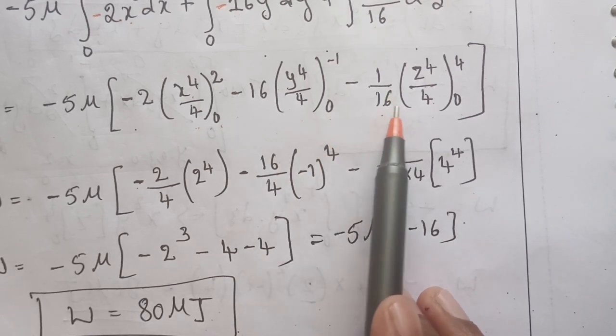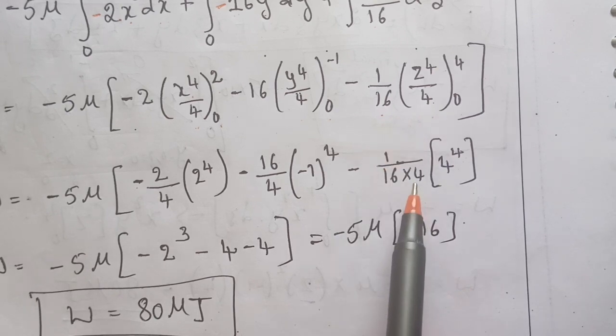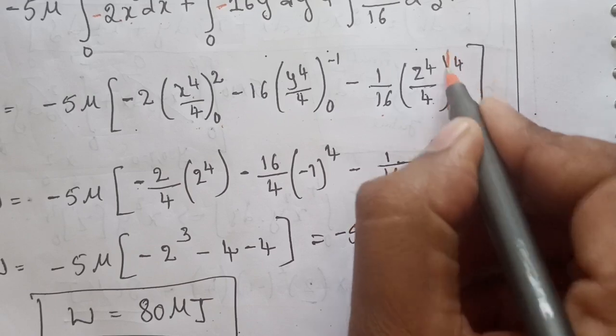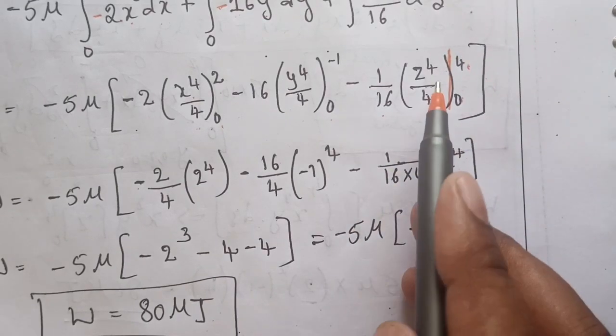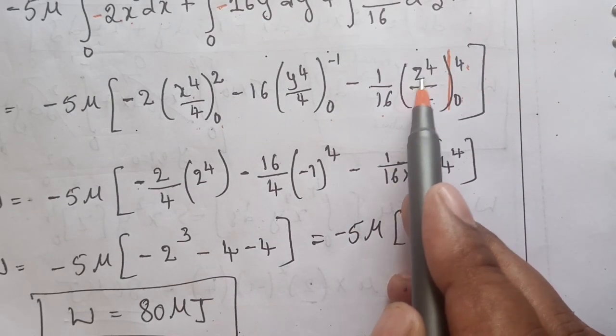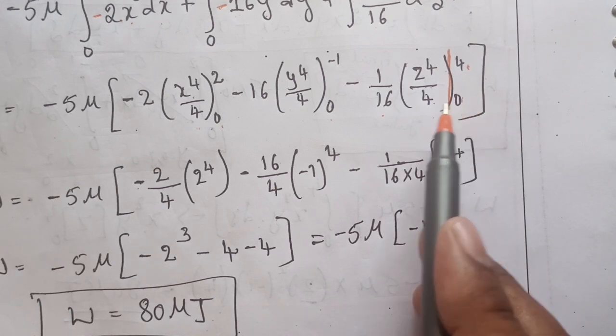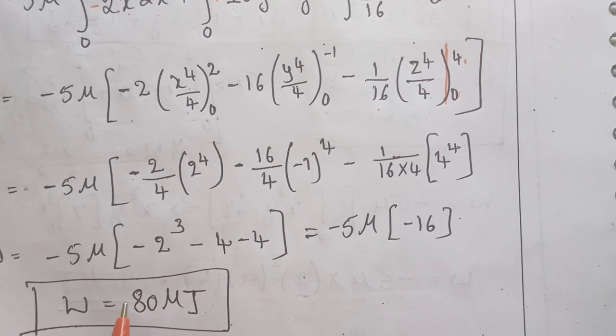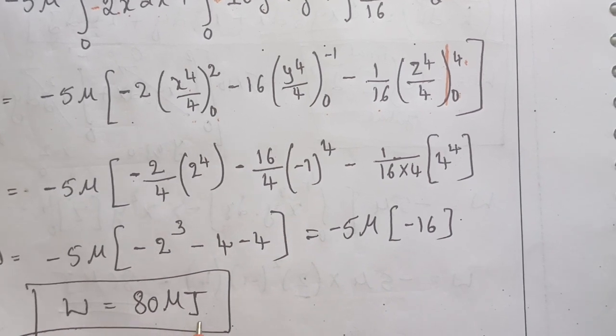Similarly, minus 16 by 4, if I take it outside, with the limits 0 to 4, therefore z, 4 is the upper limit. So 4 power 4 minus the lower limit 0, you can neglect. So you will get this answer as, again, work done is 80 microjoules.